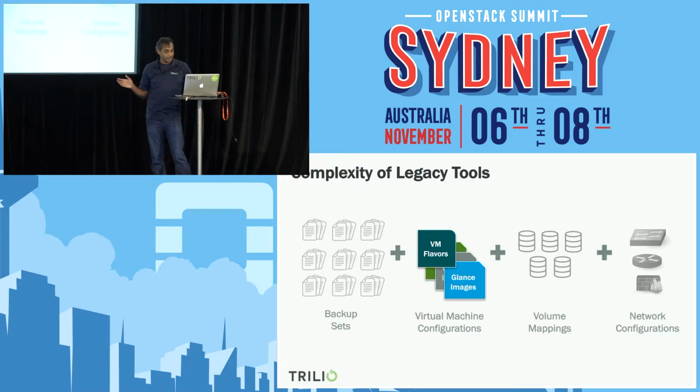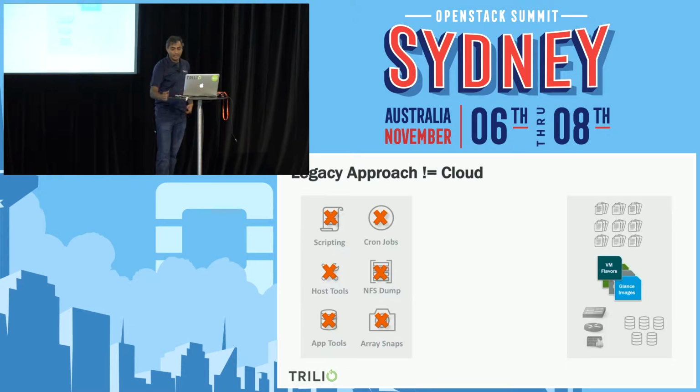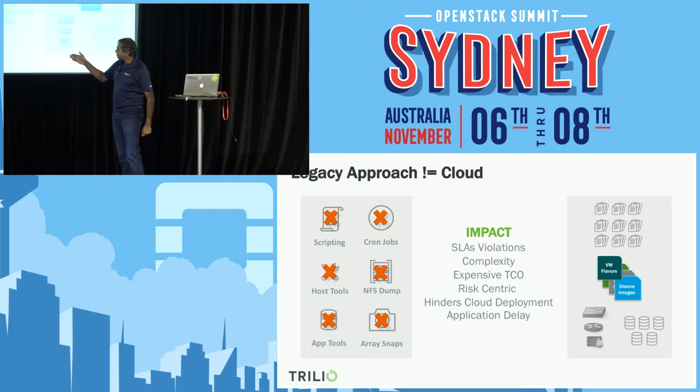You miss all those things when you are using legacy backup tools. So obviously there is a lot of impedance mismatch between what you want to achieve for complete data protection compared to what you could do using a traditional backup solution.